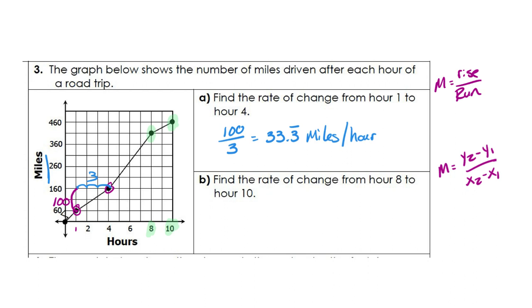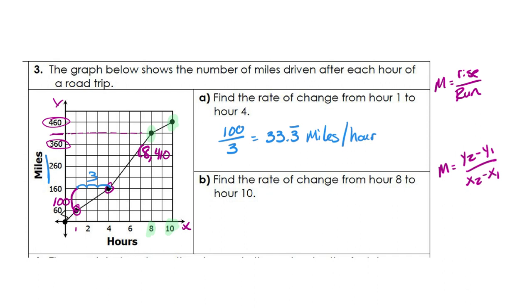This point, 8, I know is my x value, and my y value is halfway between 360 and 460, which is 410, because I noticed that this is an hour or 100 from here to here.